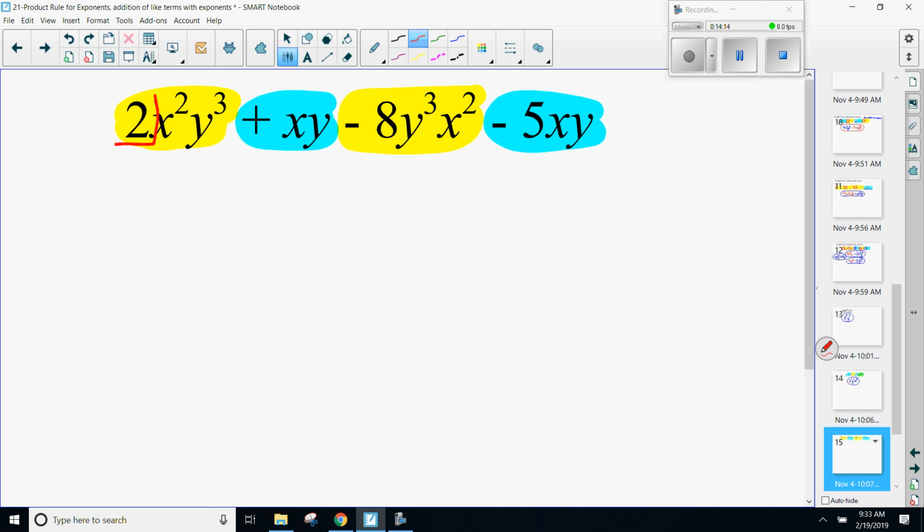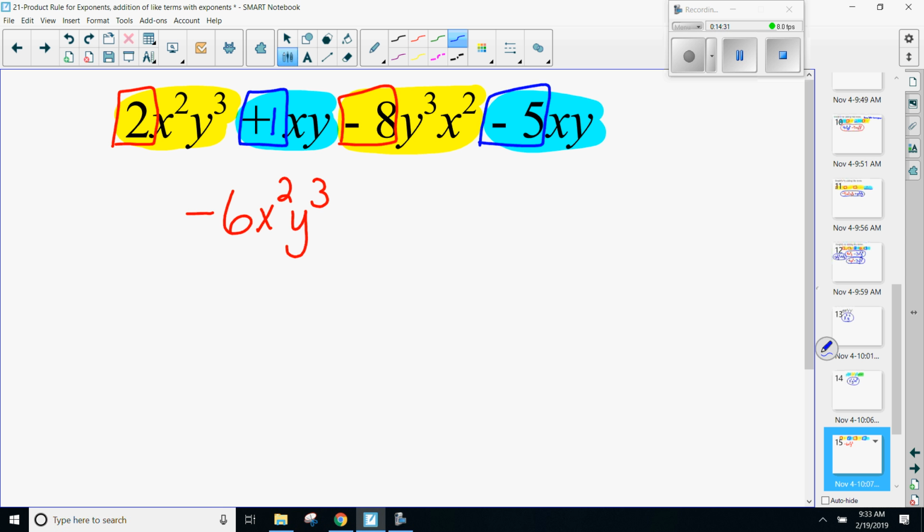So we take 2 minus 8. What does that give you? Negative 6. X squared, y cubed. Then we take, this is understood to be a 1, so you take 1 minus 5, which is negative 4. Keep the letters the same. It's like a same last name.